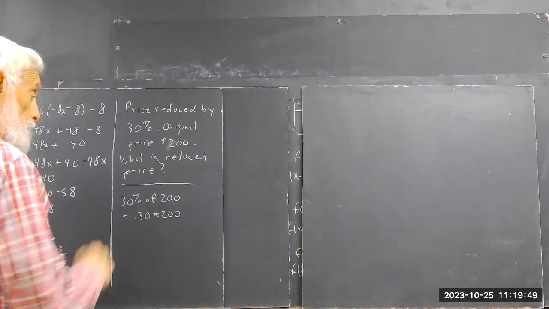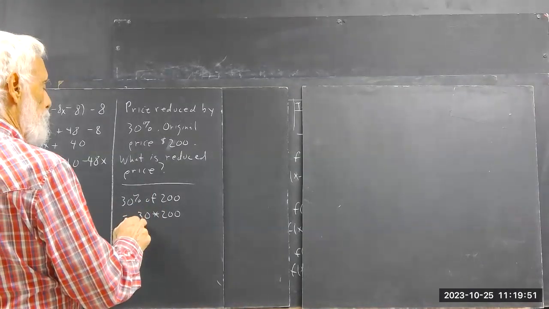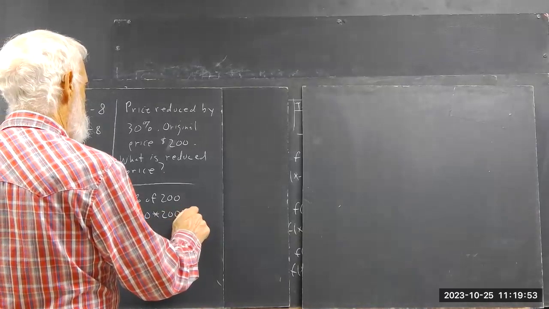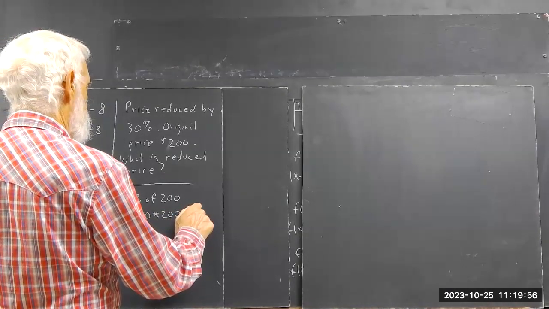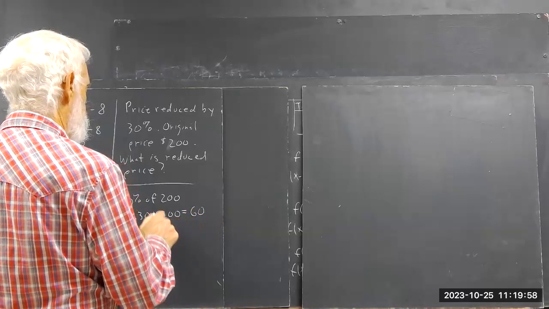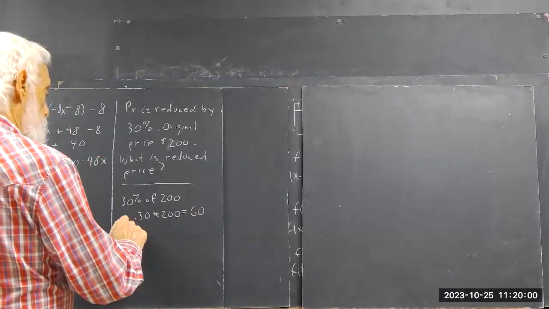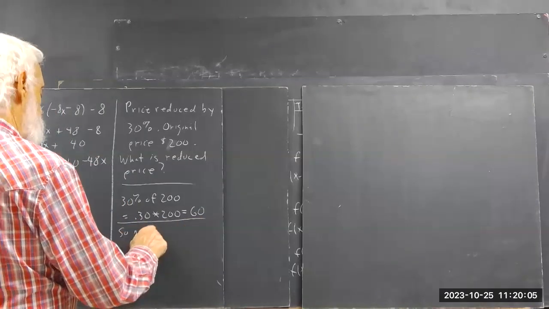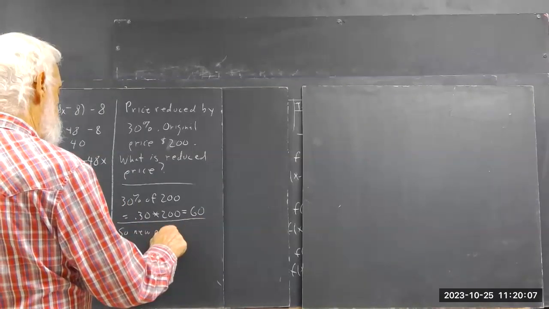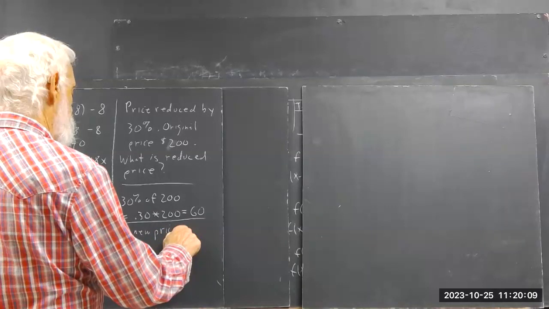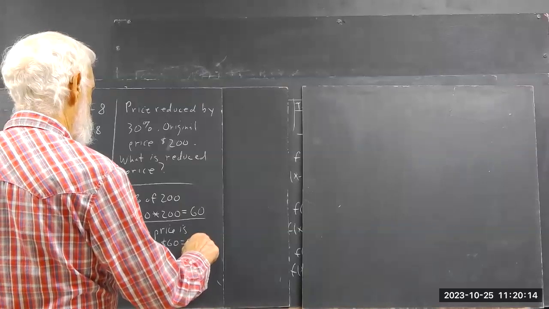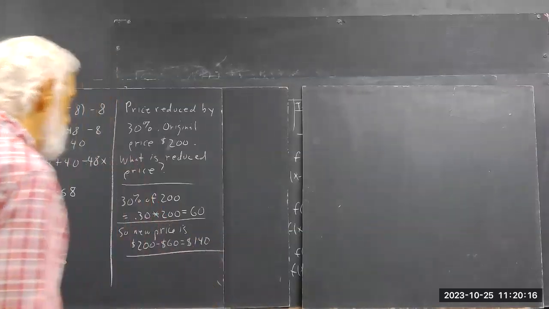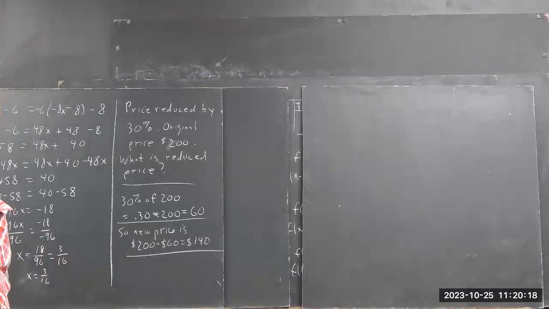We take 30% of 200, which is 0.30 times 200, which is 60. Well, the new price is $200 minus $60 equals $140.